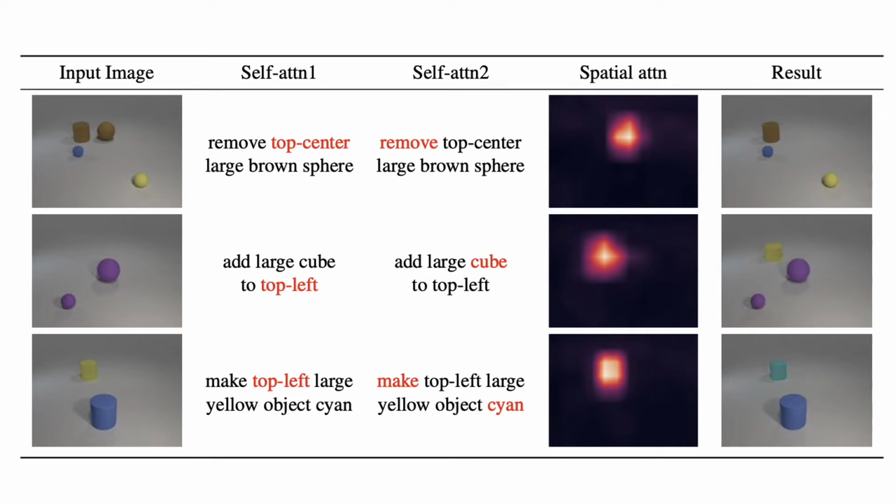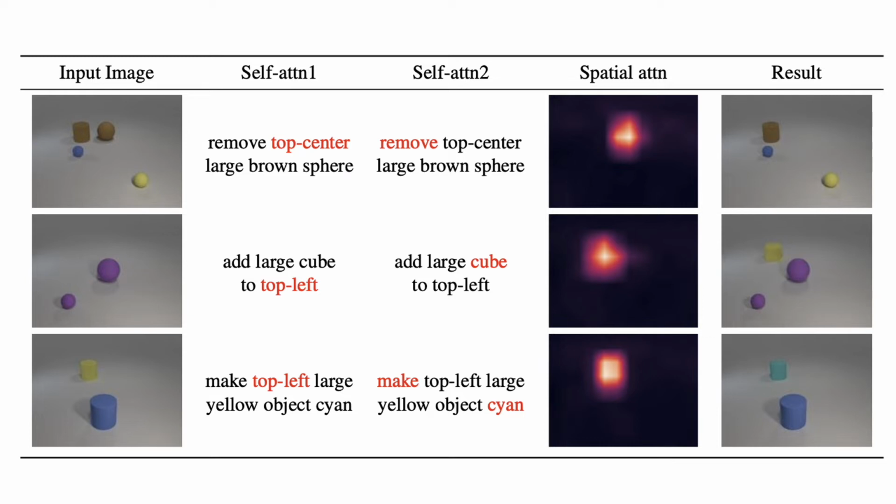As you can see, the second column specifies the where-to-edit words, so it's the result of the first self-attention module. Here we highlight words with an attention score higher than 0.2. As you can see, top center, top left, these are all words for specifying the location.